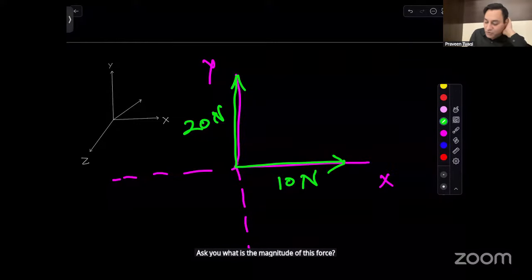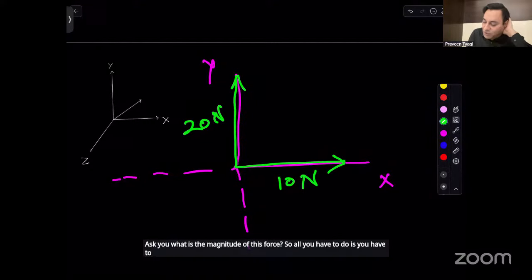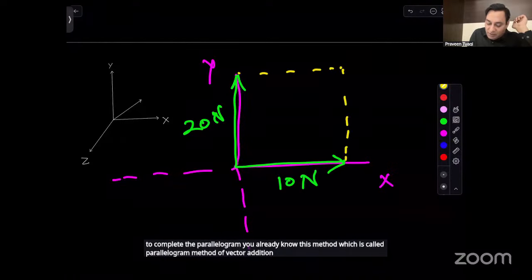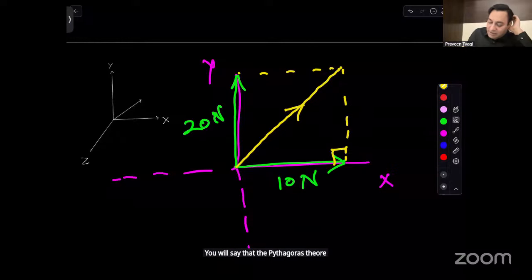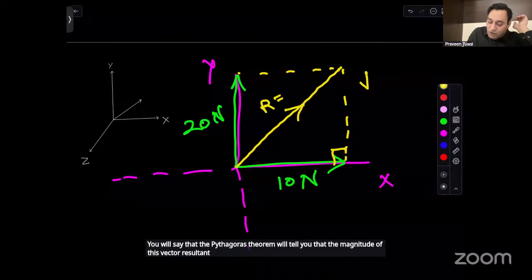All you have to do is complete the parallelogram. You already know this method, which is called the parallelogram method of vector addition. You will complete this parallelogram, and the Pythagoras theorem will tell you that the magnitude of this resultant vector will be root of 10 square plus 20 square. This will give you the magnitude.